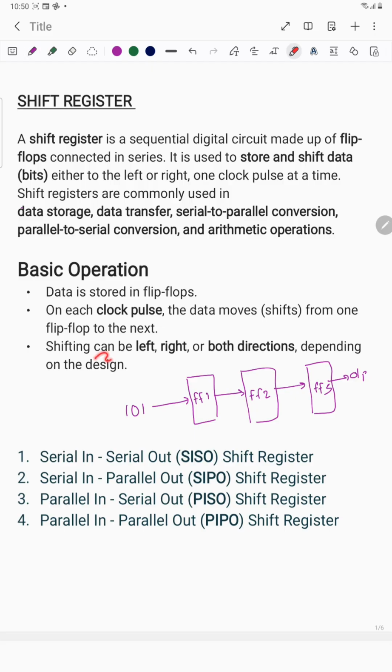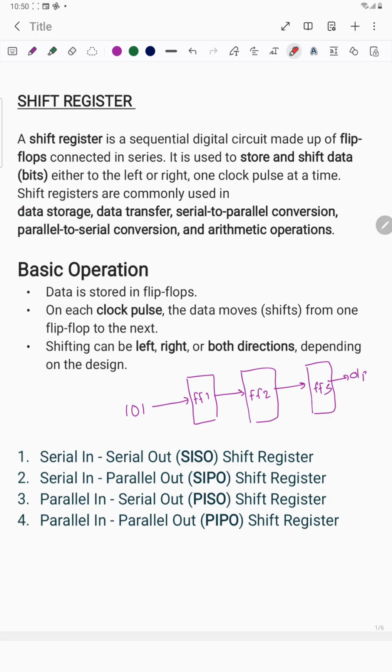Shifting can be left, right, or both directions, depending on the design. Shifting can be from left to right or right to left based on the direction. Then there are four types of shift registers.